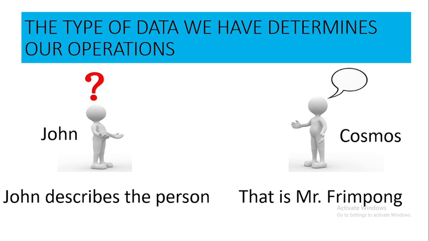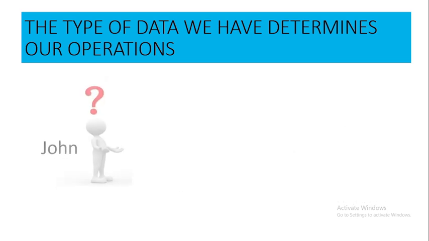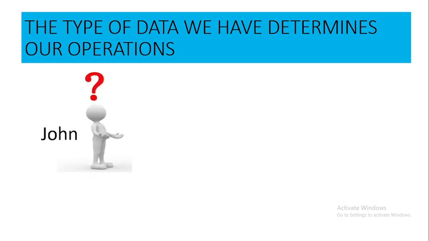No. Now that John has the person's name, Mr. Frimpong, John will go out to search for Mr. Frimpong, not describing him again, but rather using his name.